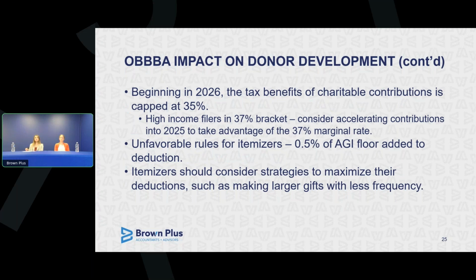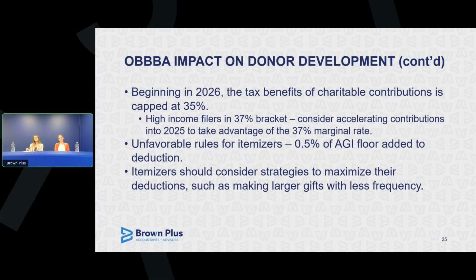So if you have donors that may be in that situation, consider having discussions with them about increasing their 2025 contributions to cover what they planned on giving in 2026 to take advantage of their full tax rate.